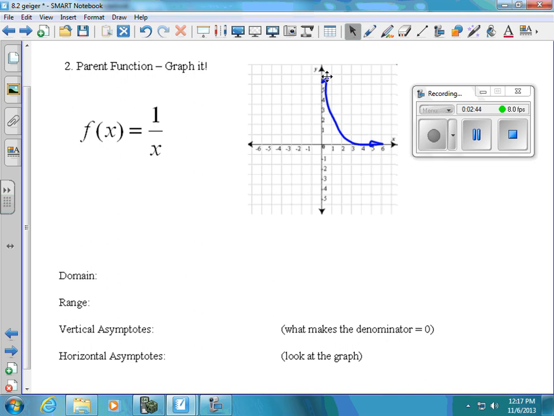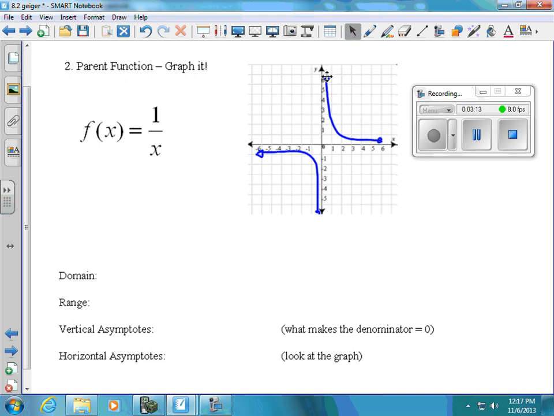It approaches both the x-axis and the y-axis, and there's also a second part of the graph that's not continuous. These parts do not connect, but they approach the x and y axes on the positive side and the negative side, but do not cross them.